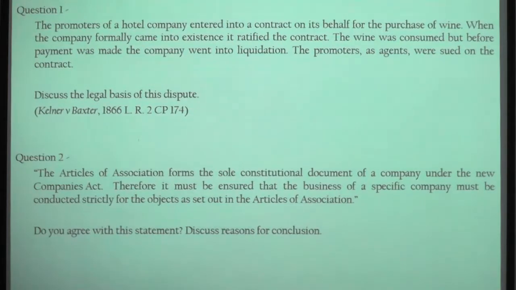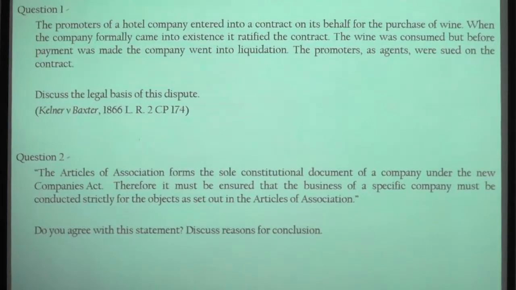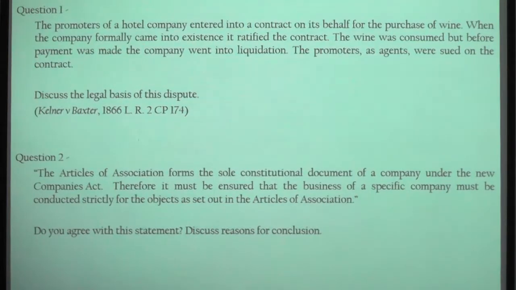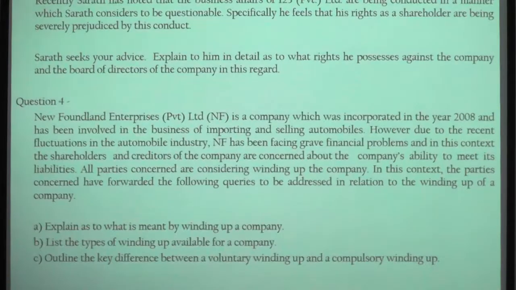But if the Articles of Association have specified the objects for which the company has been constituted and incorporated, then the company must work within these parameters and execute the business affairs. So, this is what you have been asked to discuss in this question.